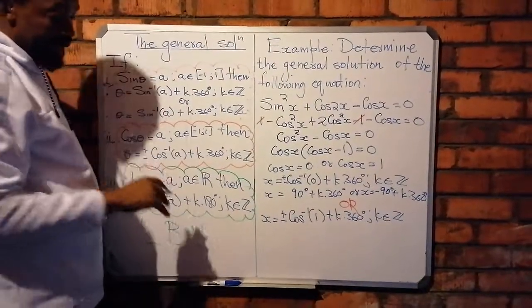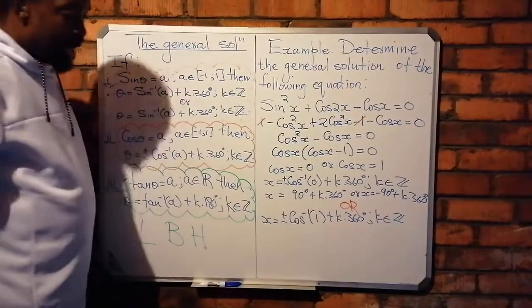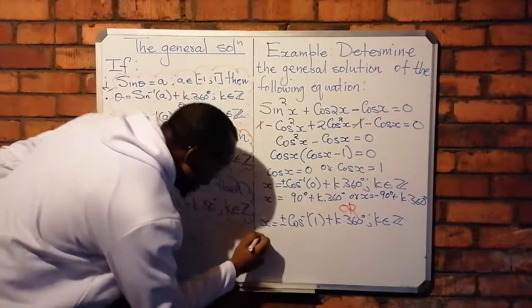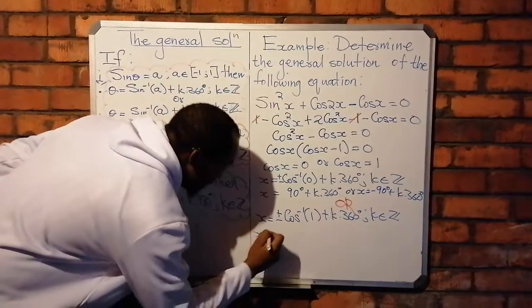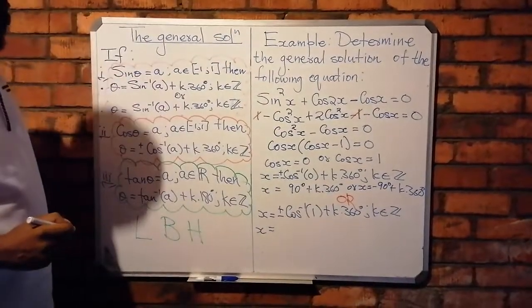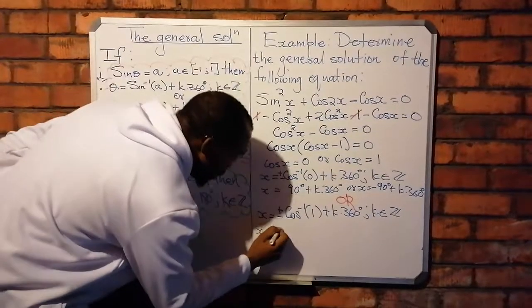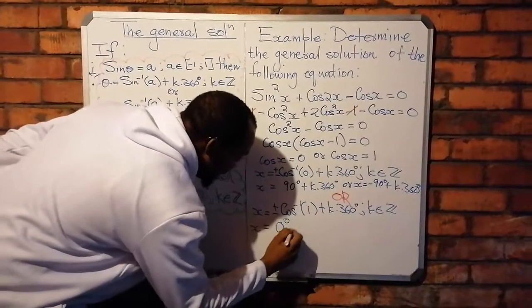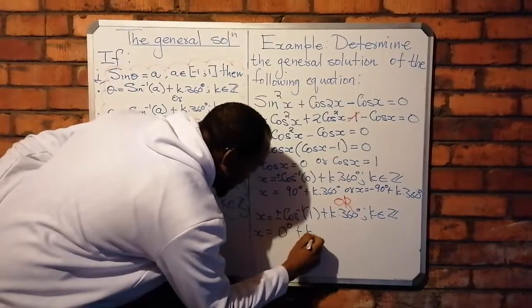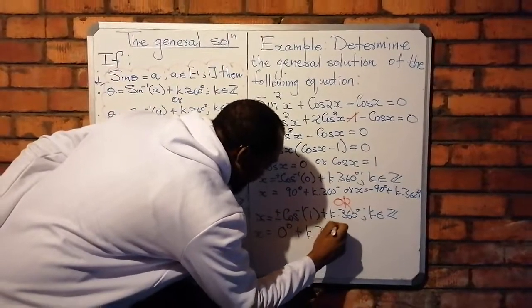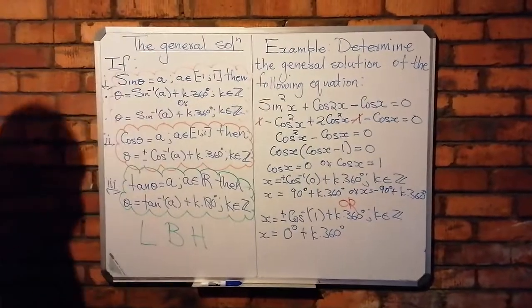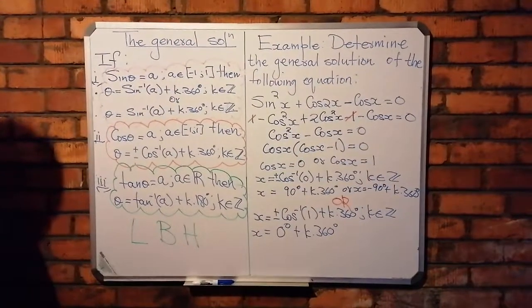Now, I take my calculator, I push arc cos of 1, and arc cos of 1 would give you 0 degrees plus k times 360 degrees, where k is an element of integers.